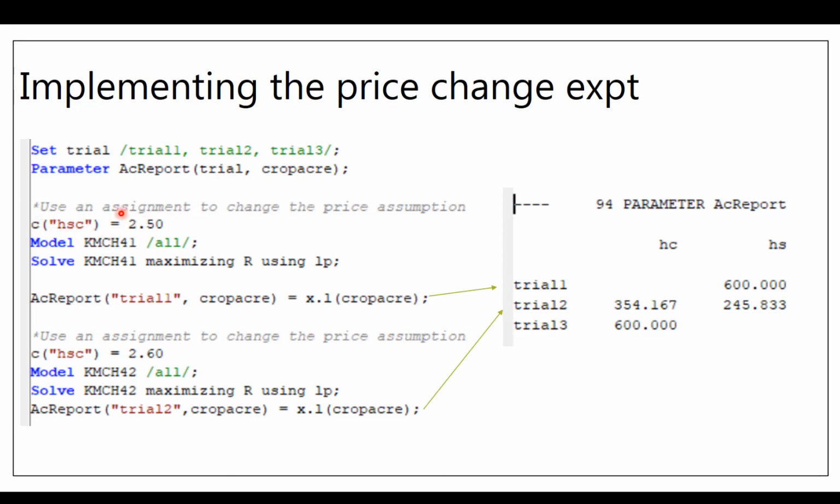So I'm going to set the price first at $2.50. I'm going to call that model KMCH, Kaiser-Messer Chapter 4 Trial 1 model. Remember, you have to change these models to resolve it. Use all the equations, solve it, and then in the acreage report, we're going to assign the variable levels for crop acres.